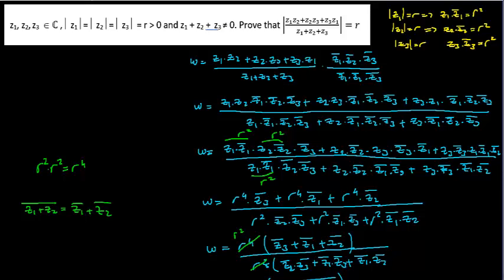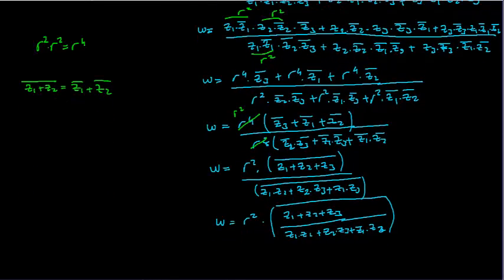If you remember this property, if you have A over B, then this is equal to B over A to the power of minus 1, or here it's going to be equal to, if this is W, then at the same time it's equal to 1 over W to the power of minus 1.